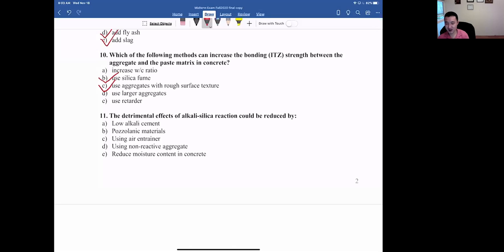It will affect the hydration speed, but it will not have a big effect on the strength of ITZ. So the right answer is B and C. If you only mention one of them, for example if you only mention B, you will get half credit. But if you have one wrong answer, you will get 0 credit.